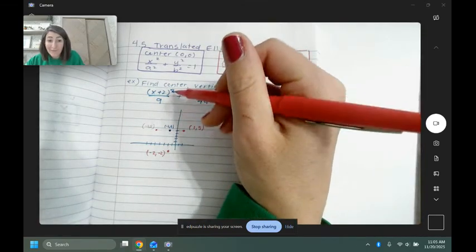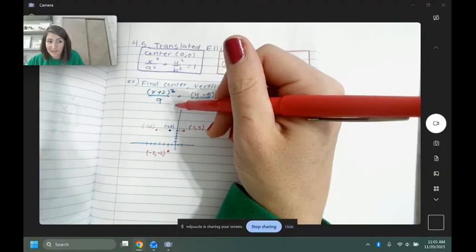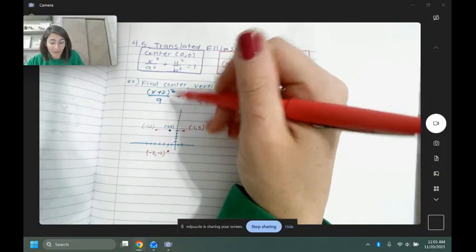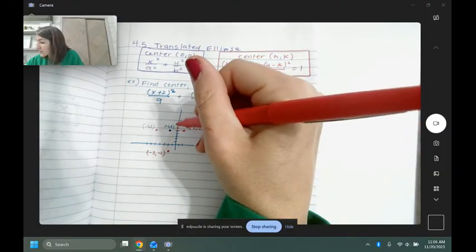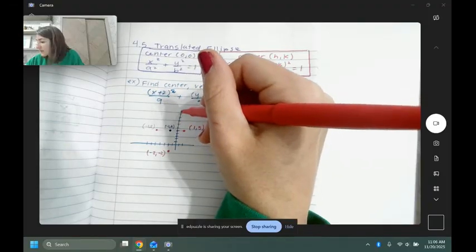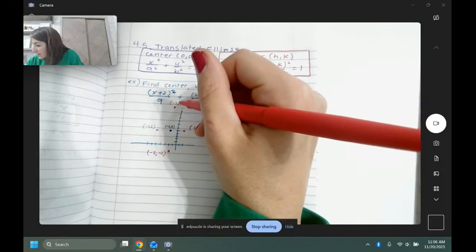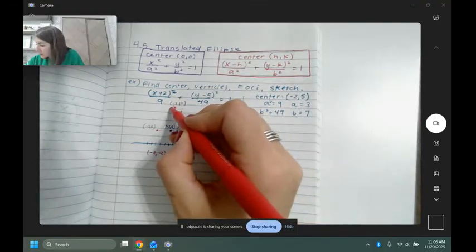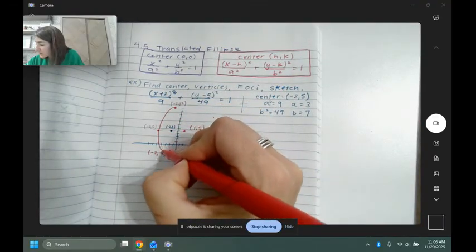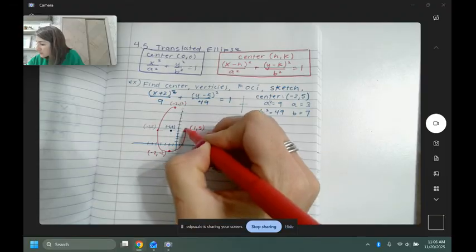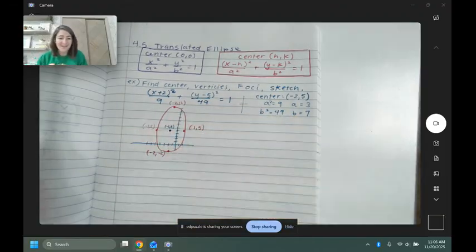And then 5 plus 7 is going to be the point (-2, 12), because I'm going up 7. So 6, 7, 8, 9, 10, 11, 12, right here. So your ellipse is going to look like this.